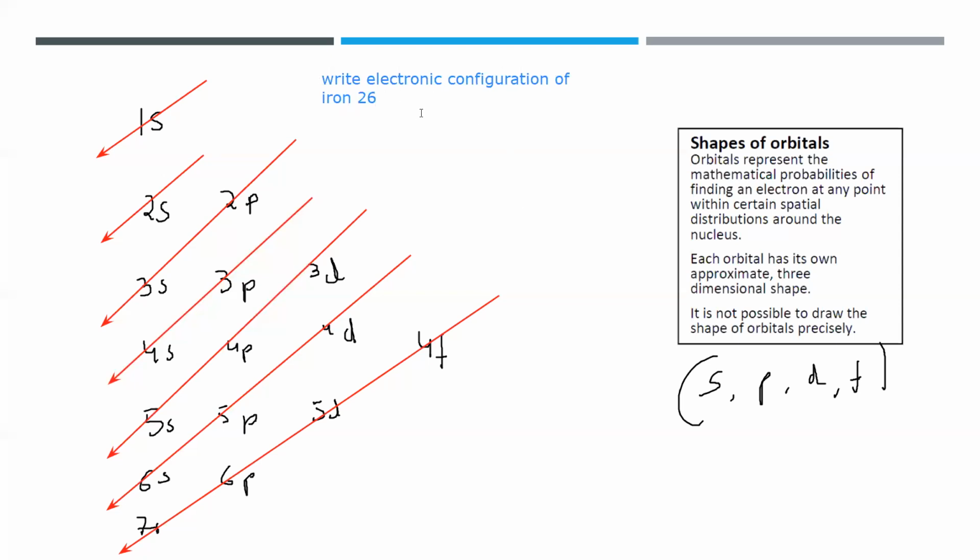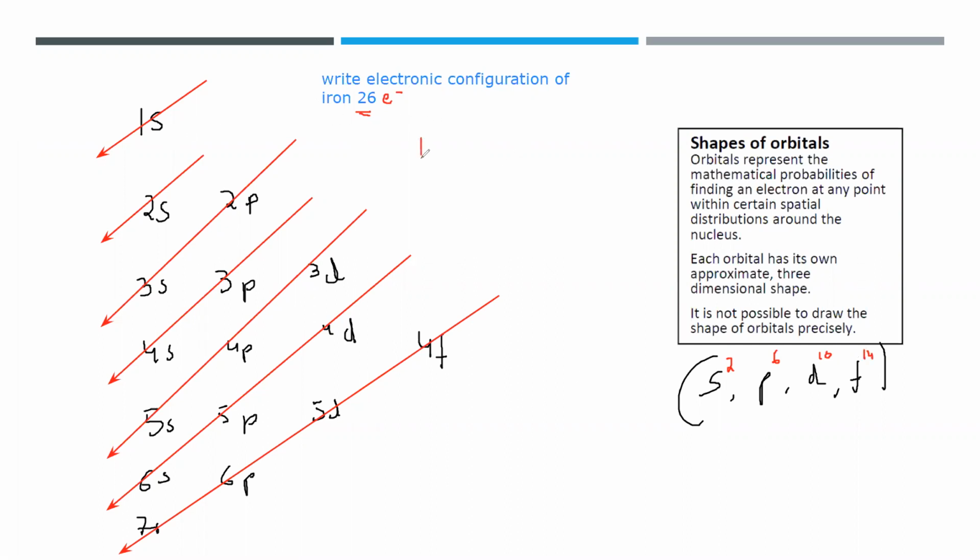So you want to write the electronic structure for the iron atom, which has 26 electrons. Okay, and s can maximum hold 2, p can maximum hold 6, d can maximum hold 10, and f can maximum hold 14. So how to write this?